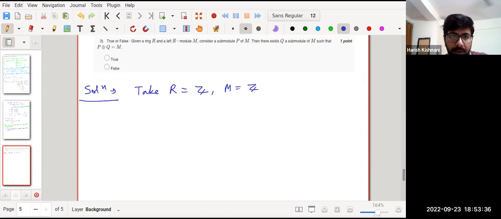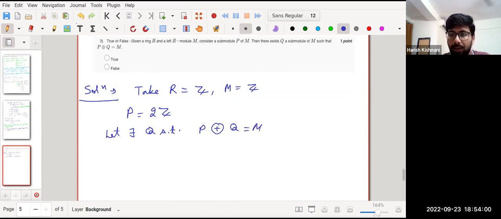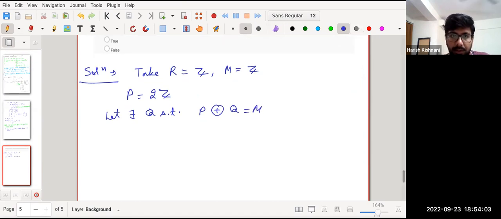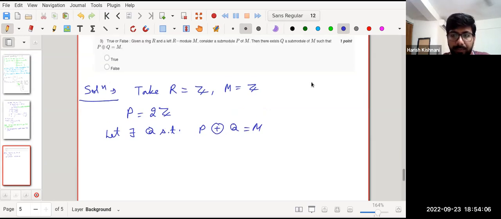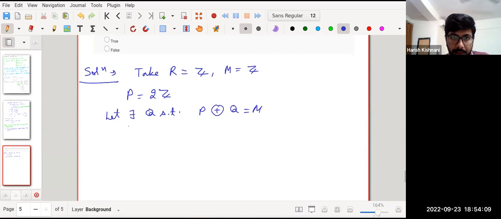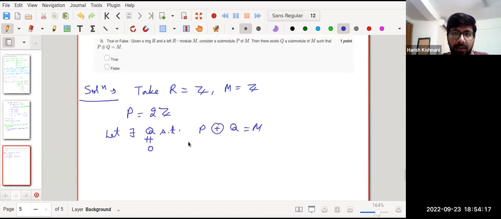Now take P to be 2Z, and let there exist Q such that P direct sum Q is M. First of all, Q has to be non-zero because 2Z is not the same as Z, so at least you need to add something, right?